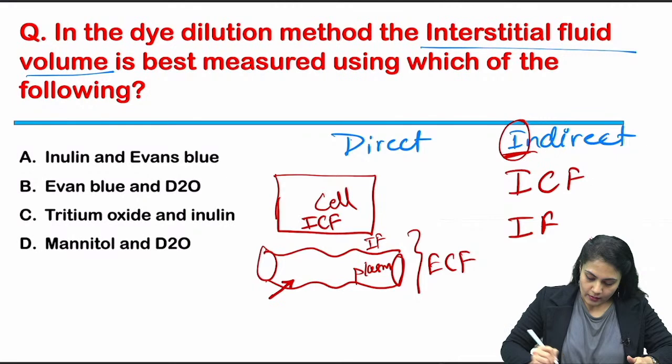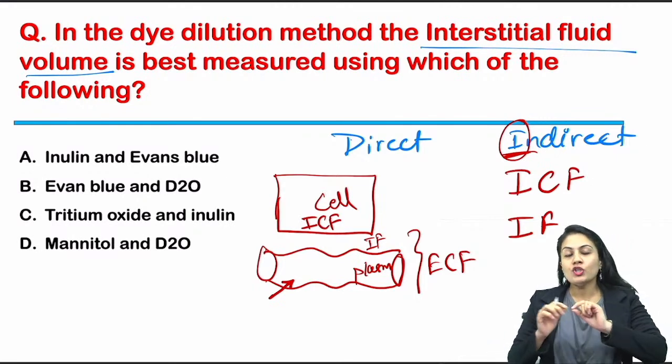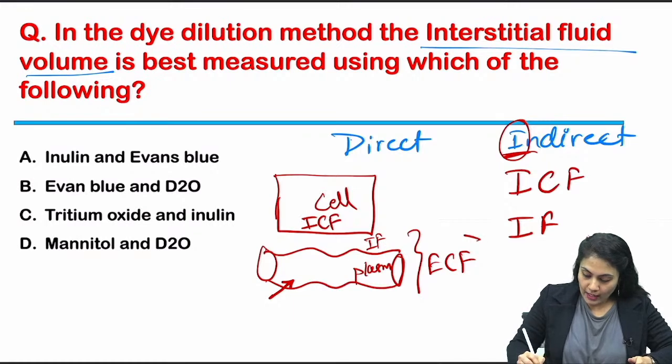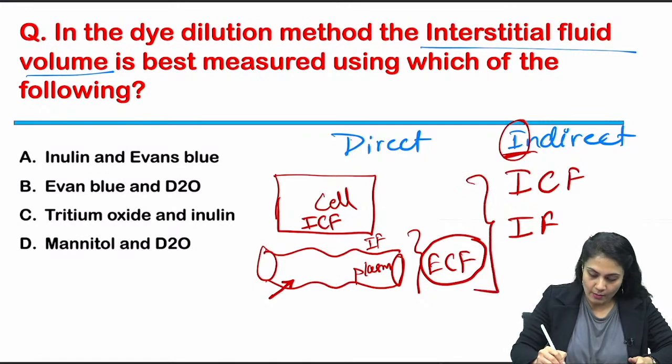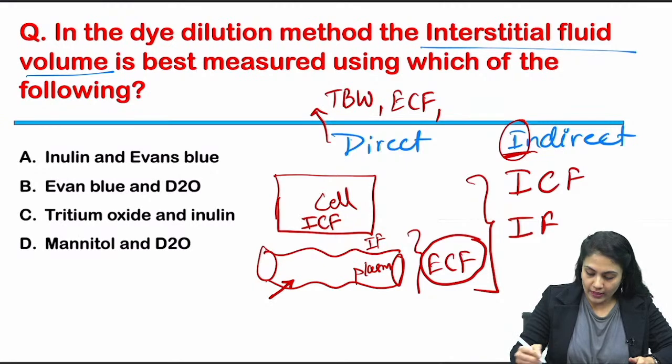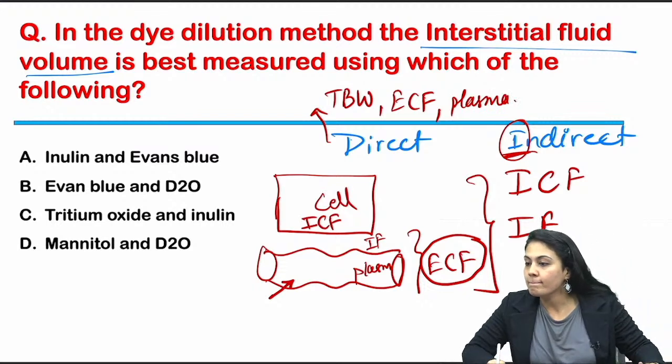If I put the dye over here, which dyes can measure the extracellular fluid, which dyes measure the plasma, which dyes measure the total body water? These are the three things which can be measured directly: total body water, ECF and plasma.